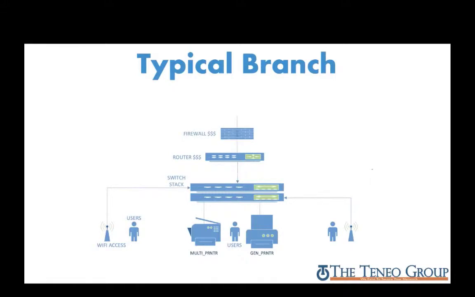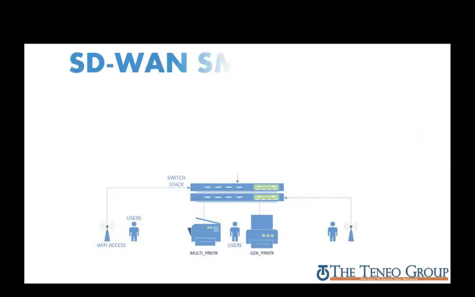So there is a little bit of redundancy there, but what you also typically find is an expensive router, an expensive firewall, and some sort of connection, whether it be MPLS or internet broadband or whatever it might be. This is very typical today, and something I've seen for years. And rarely have any kind of redundancy, maybe have link redundancy.